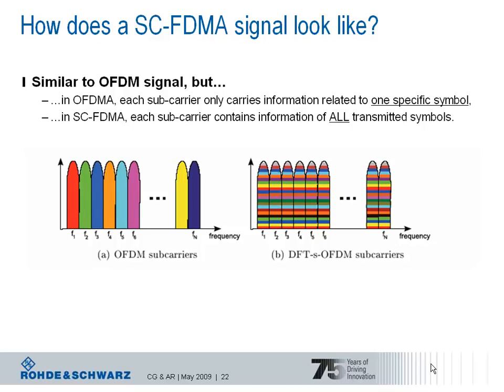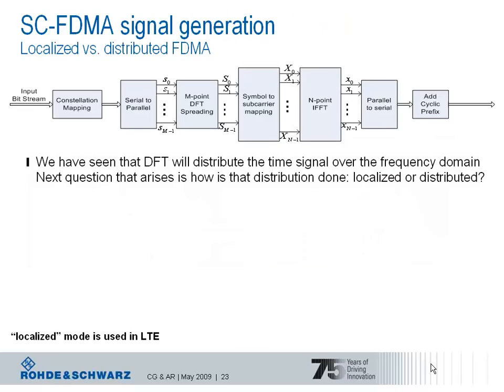In single carrier FDMA, each subcarrier now contains information of all transmitted symbols. You can see on the right-hand side in the graph that each of the different subcarriers now carries a little bit of red, green, blue, orange, and so on. With performing a DFT precoding, we shift around the problem of high amplitudes due to subcarriers in phase.